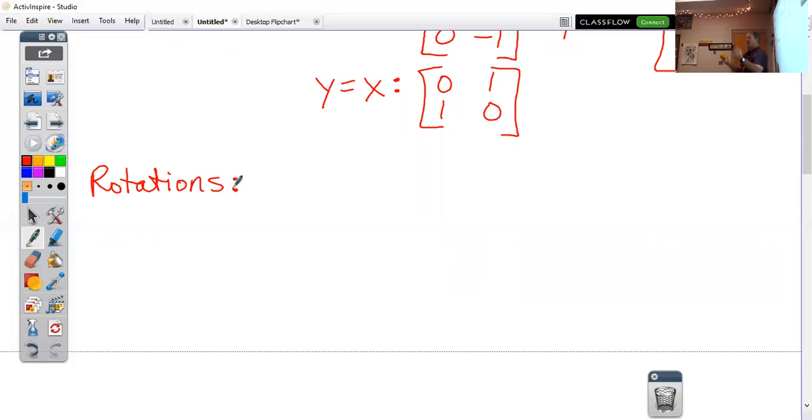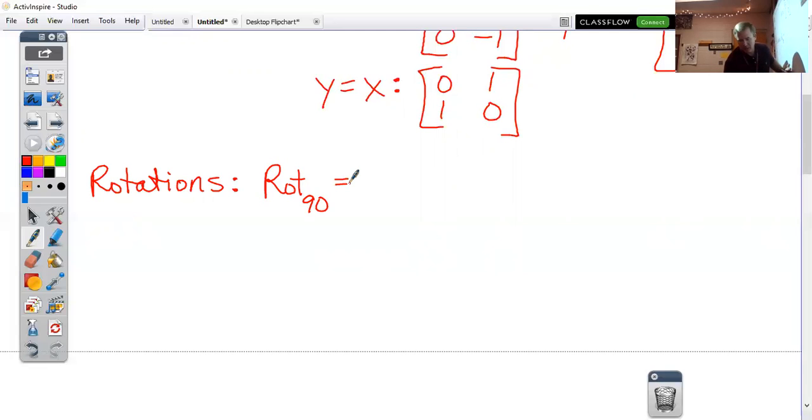Geometry. 90 degrees, or you can rotate it halfway, which would be 180, or you can rotate it 3/4 of the way, which would be what? 270. They don't have one for rotating 360, because if you rotate 360, you're right back to where you started, okay? So for rotation, they just put ROT, and you put a little 90, okay?